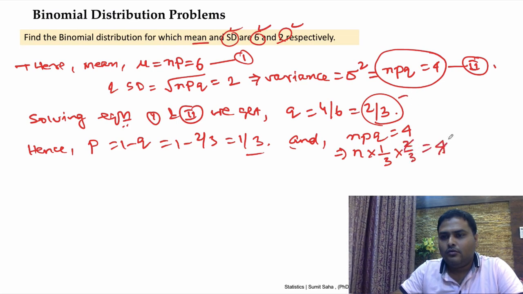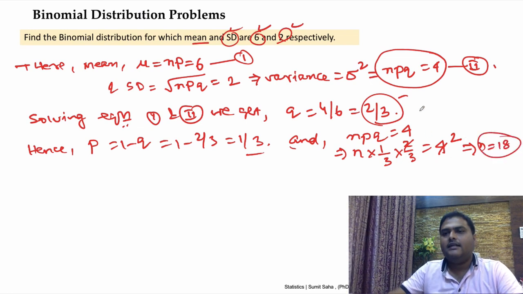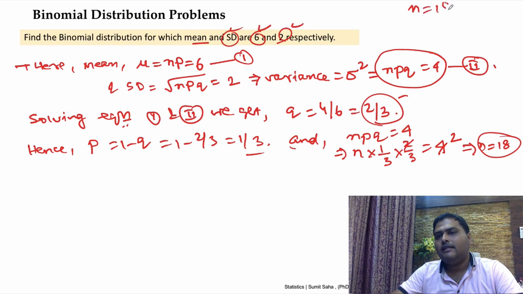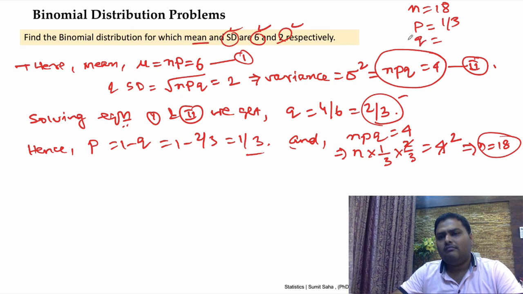So the 2 cancels out, and the n value is 9 multiplied by 2, equals 18. So as I said, we need to find the n value, which is 18, and the p value, which is 1 by 3, or similarly we can indirectly calculate the q value, which is 2 by 3.